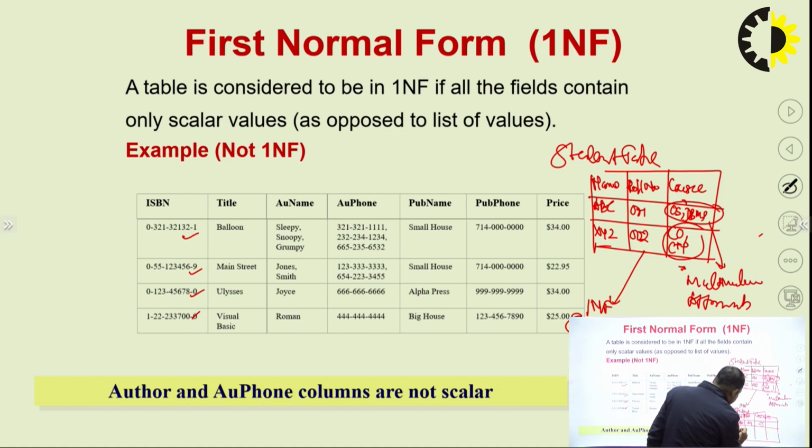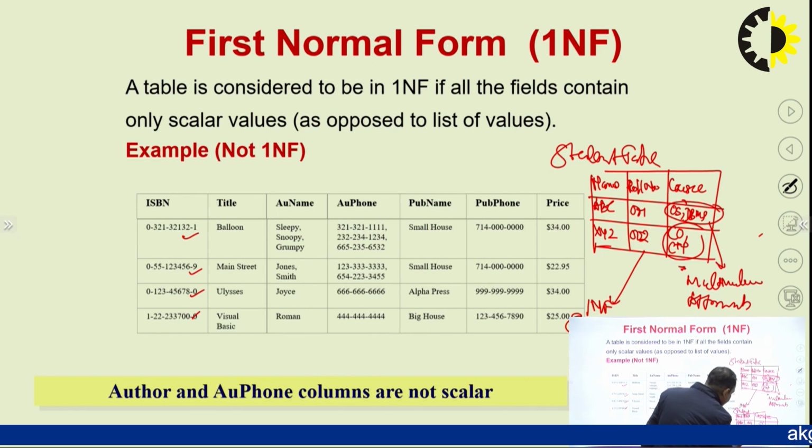Again name is ABC, roll number 001, and course name is DBMS, database management system. Second name is XYZ, roll number 002, and course name is CO. Next, XYZ, roll number 002, course name is C programming.